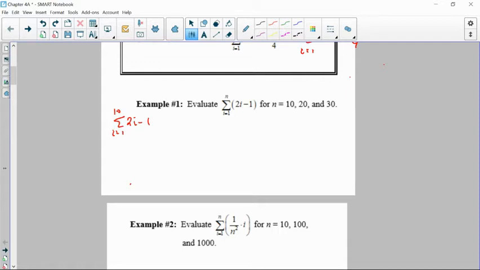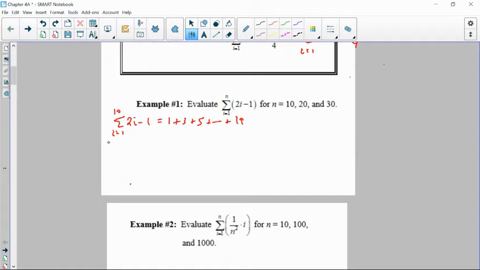If you let I equal 1, you get 2 minus 1, which is 1. Then you let I equal 2, and you get 3. Then you get 5. And you just keep going all the way until you put 10 in there, which would be 19. So basically, it's the first 10 odd integers. But since you know that there are 10 of them, that's good.